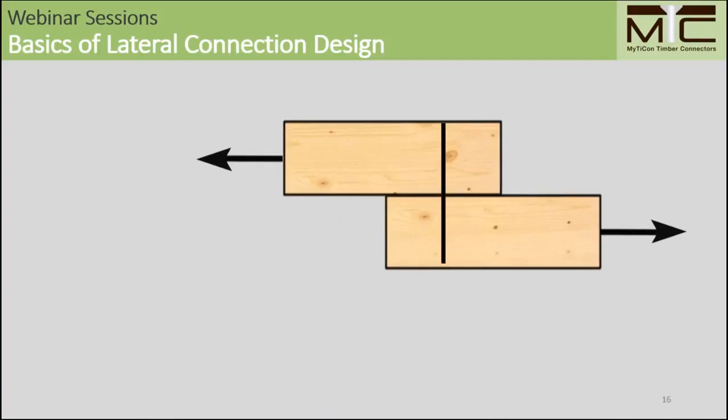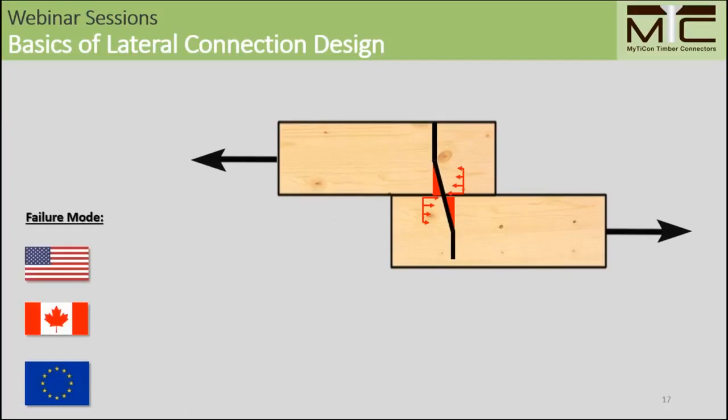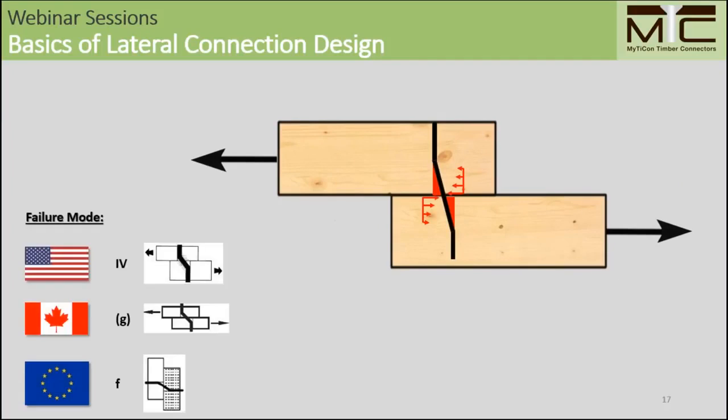If we now combine those two failure modes, we will see formation of two plastic hinges, one in each member, and localized wood crushing effects along the shear plane. And this is referred to as failure mode 4, or Eurocode refers to that as failure mode F, for example.